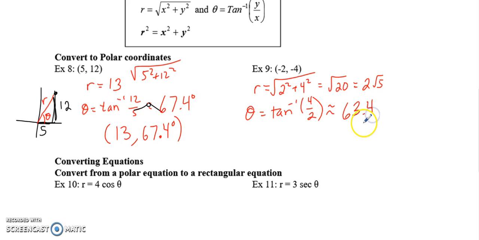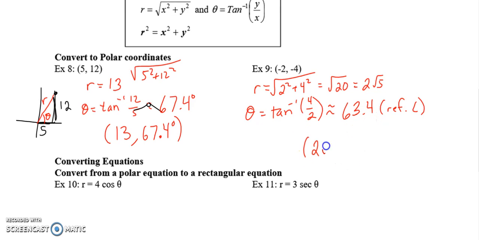63.4. But wait, that's not really theta, is it? That's a good old reference angle. Why? Because what quadrant is that in? So what quadrant 3 angle references 63.4?